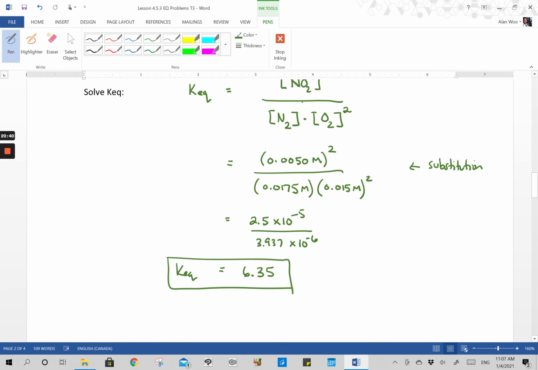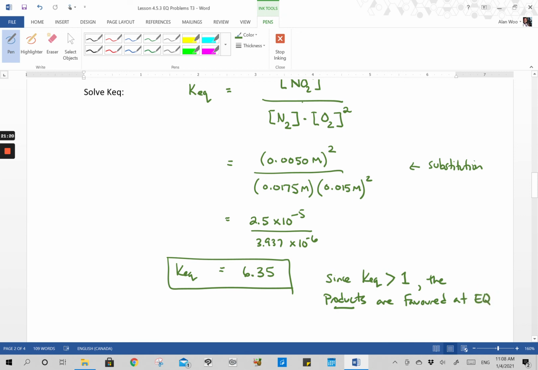Okay. So since KQ is less than 1, oops, sorry, not less than 1. So, since KQ is greater than 1, okay, because 6.35 is greater than 1, the product side, or the products, are favored at equilibrium.